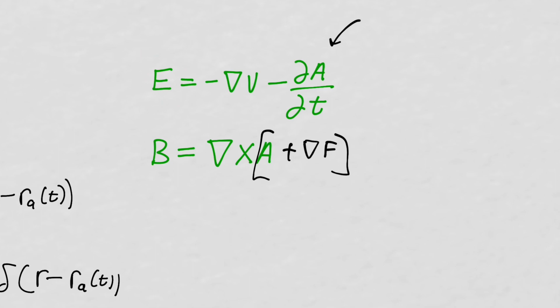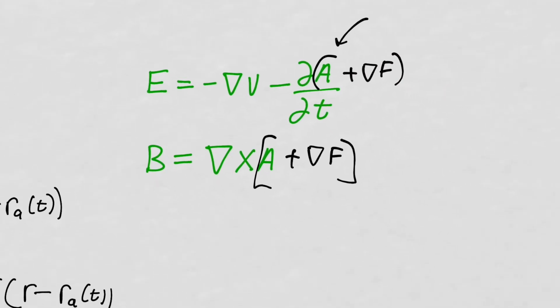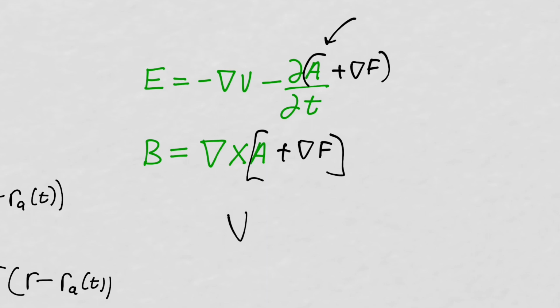Well, the same is true for E. E has to remain the same if you change A. But if we change A here, we get plus the gradient of f, and so we've actually added the time derivative of the gradient of f. So in order for E to be the same, we have to adjust V. V has to become V minus the time derivative of f, right?